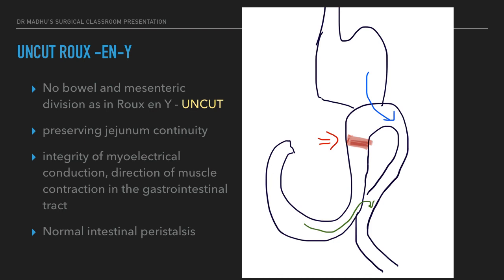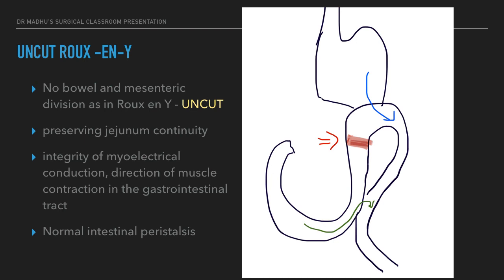So the Roux limb is the limb that is between the esophagojejunal or gastrojejunal anastomosis and the distal jejunojejunal anastomosis. So this limb can become aperistaltic, or the peristalsis can be sluggish and can result in delayed gastric emptying type of symptoms.